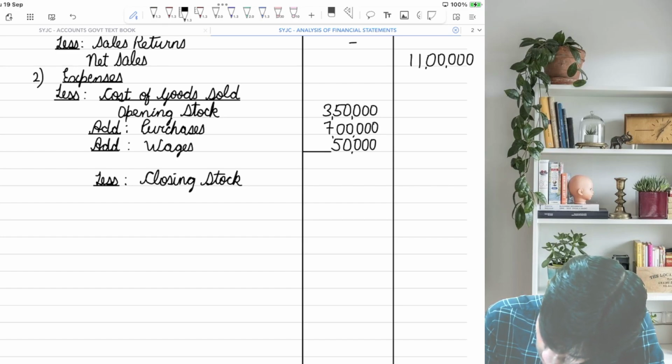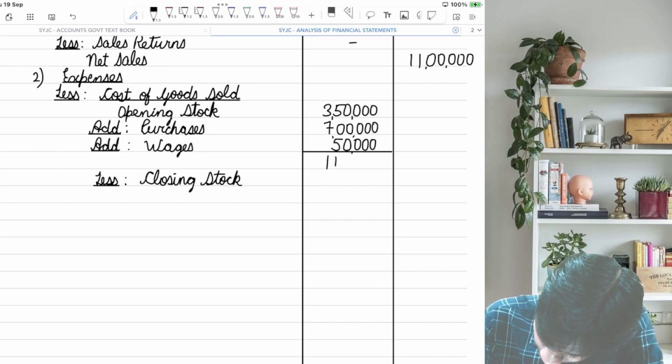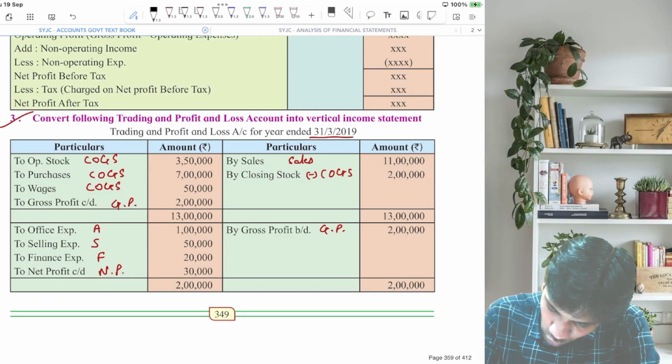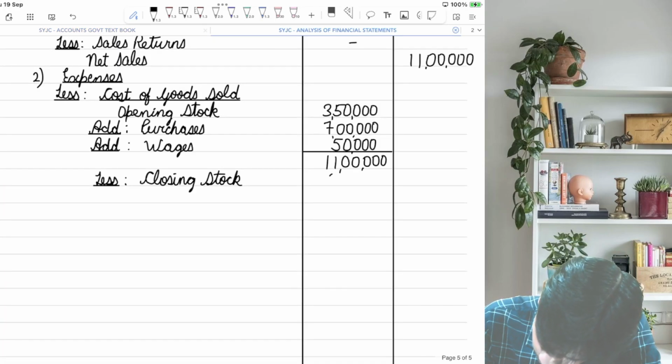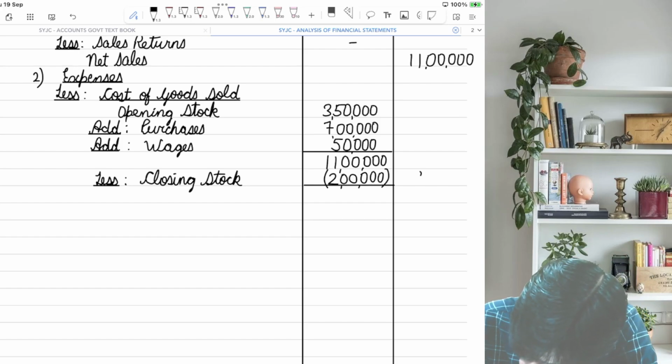The total comes to 11 lakhs. Less closing stock, 2 lakhs. I'll give a bracket because I'm going to deduct it. This total will go in the outer column. COGS is 11 minus 2, 9 lakhs.